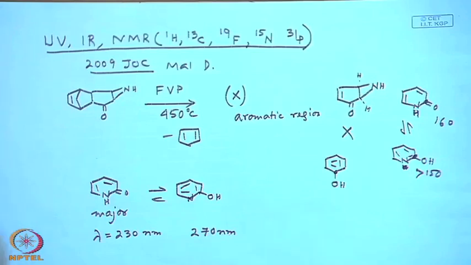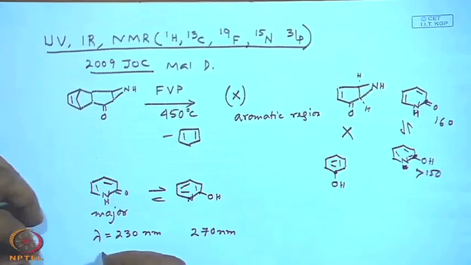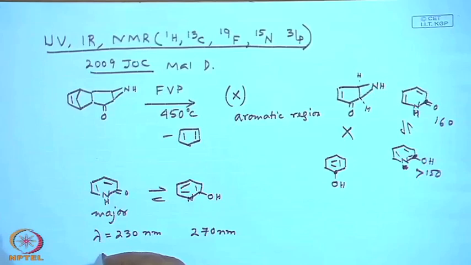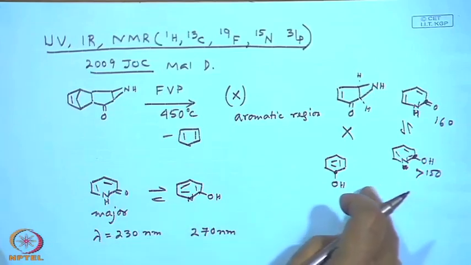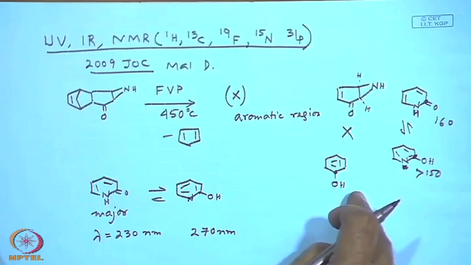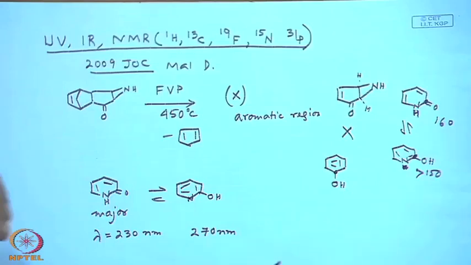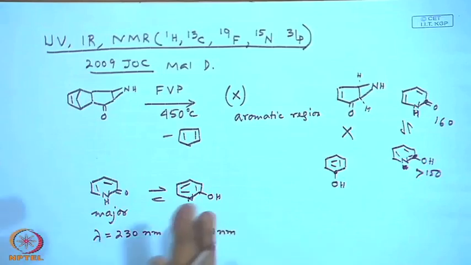Fine. But we have not established the structure of the product of the reaction, because it is a mixture. If it is a mixture, then you will actually have both 230 and 270. So you have to have a pure compound.